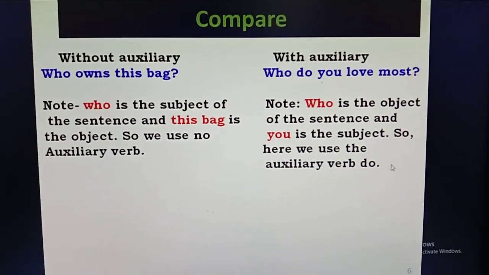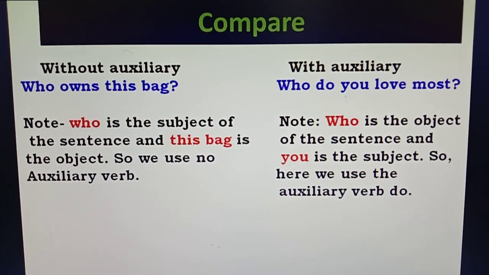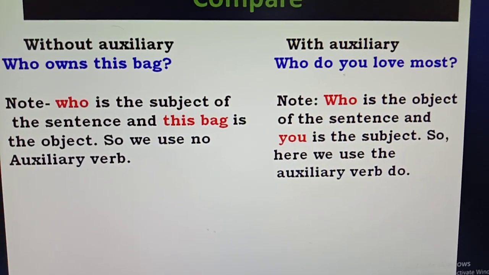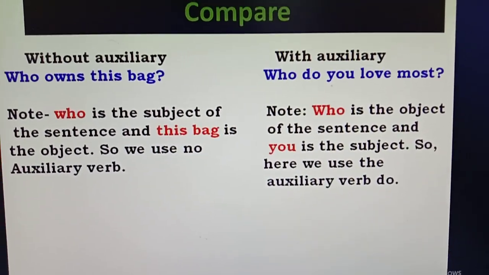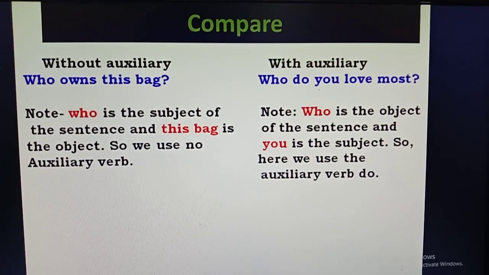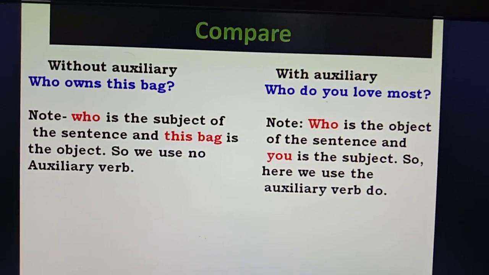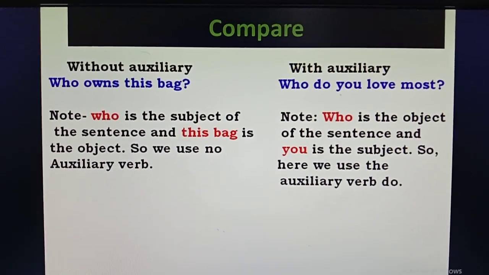So you have to remember that when who, what, which and whose become the subject, we will not use the auxiliary verb, and when they are not the subject, that means object or any other thing, we have to use the auxiliary verb. Okay boys, please write this note in your copy, and if you face any problem regarding this, you can ask me in the comment section.